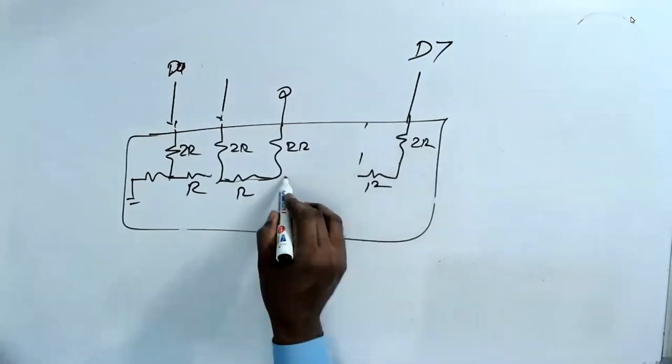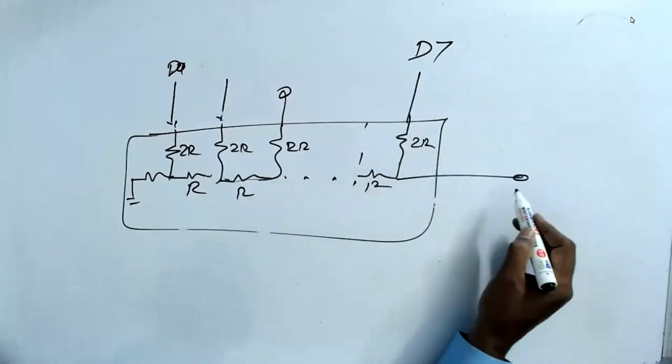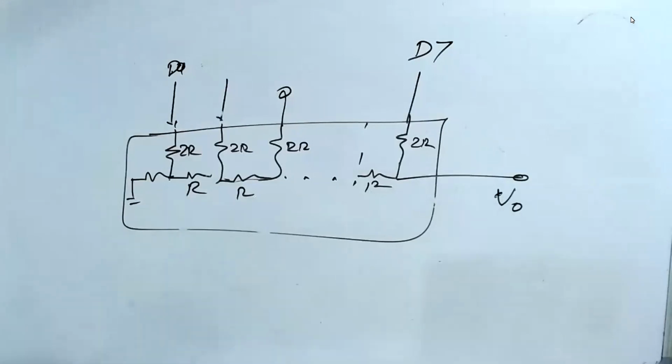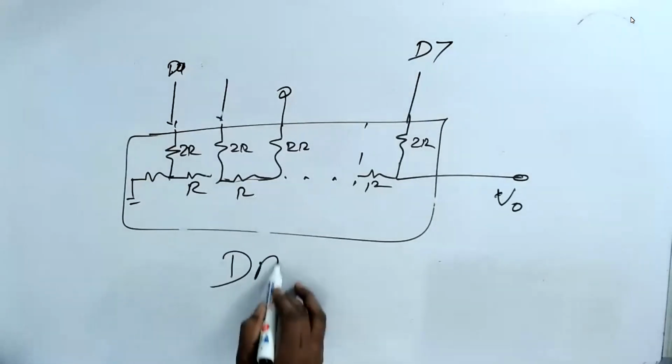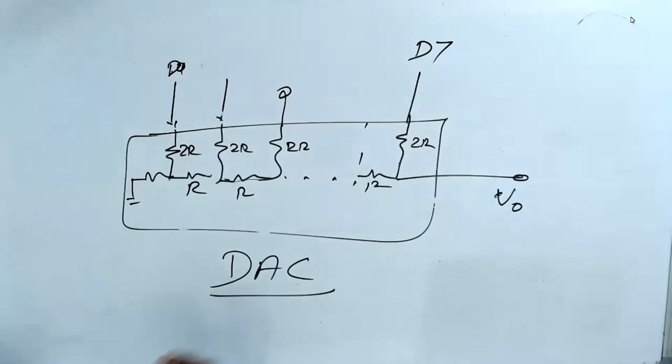It goes like this, all of them. The output goes here. So this is actually called a DAC, a digital to analog converter. It is a simple one.